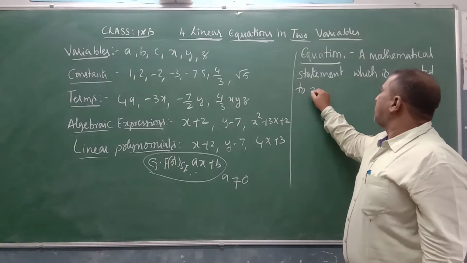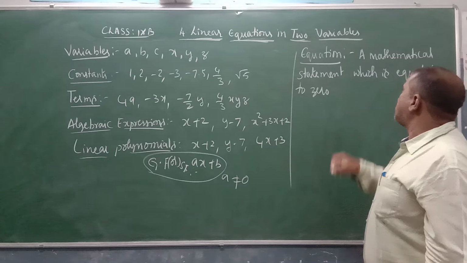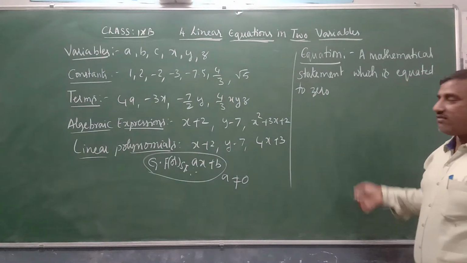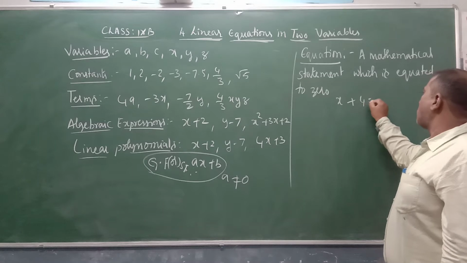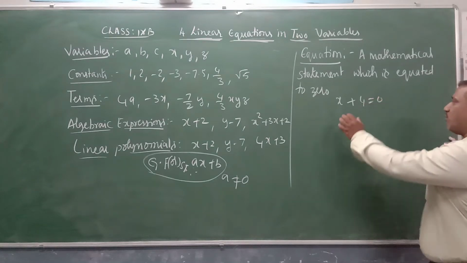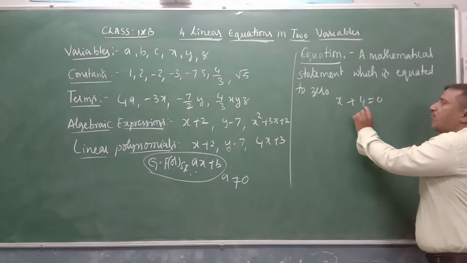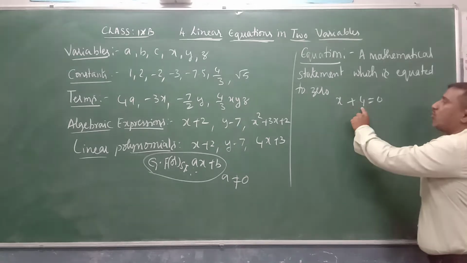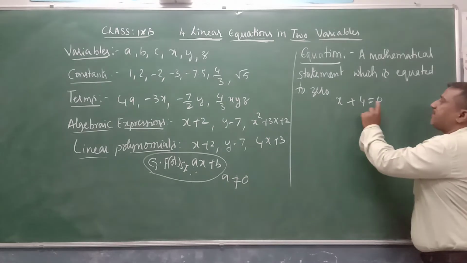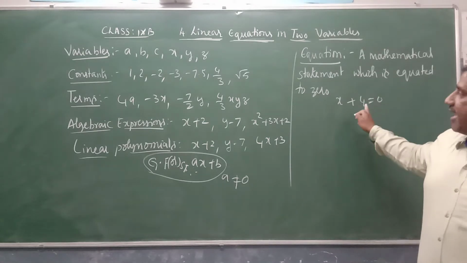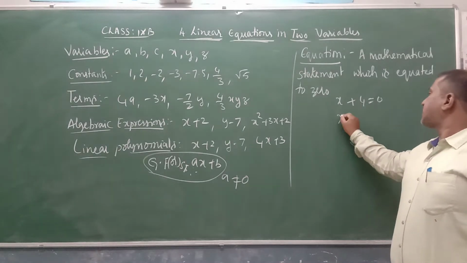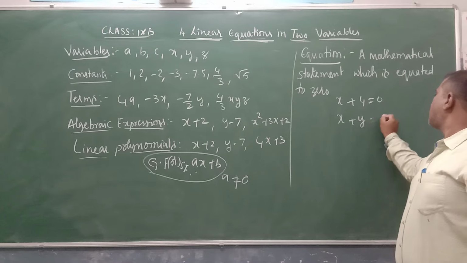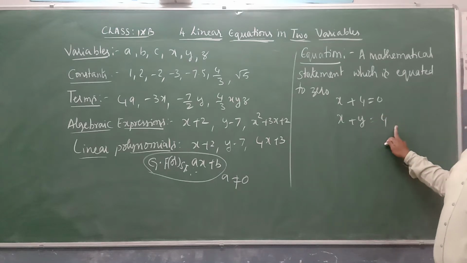Like x plus 4 is equal to 0. Here x plus 4 is a mathematical statement, that is, 4 is added to x. This statement is equated to 0 and this is known as an equation. Here x plus y is equal to 4. This is also an equation.